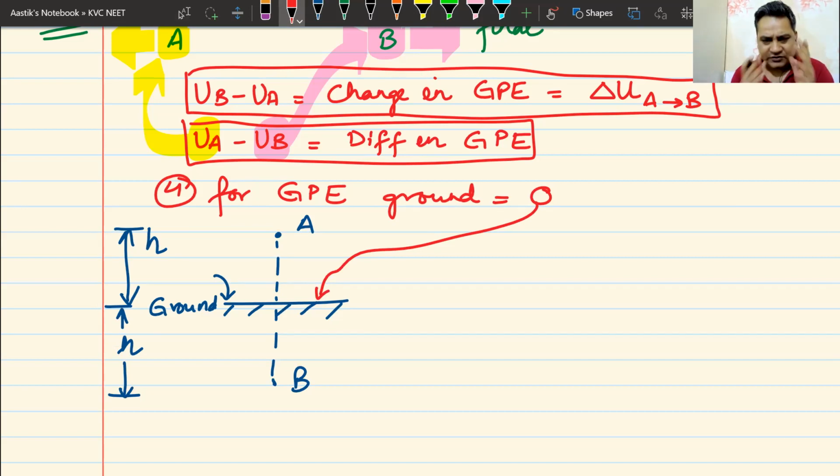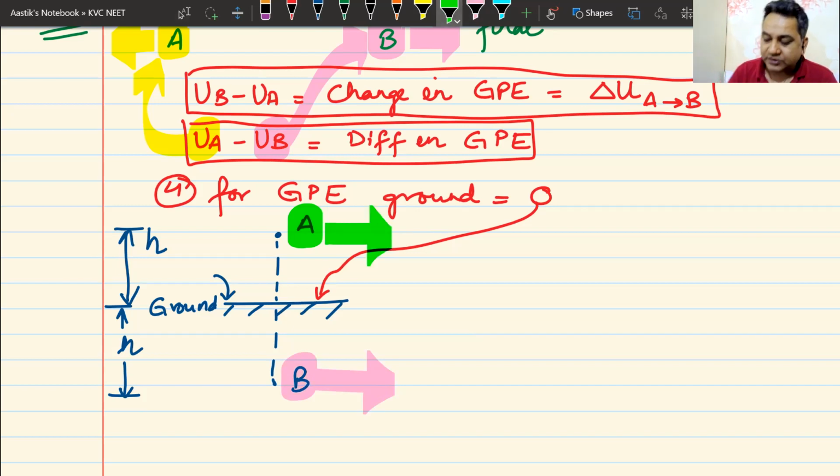Now, based on whatever we know and whatever we discuss, can you tell me what would be the gravitational potential energy of point A and of point B? I will give you a minute to think and give me the answer. 1 minute. I will keep my mouth shut.